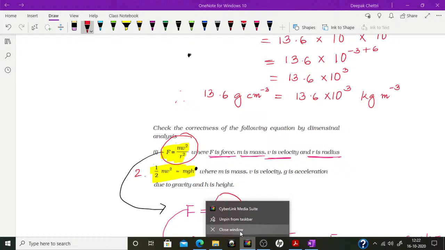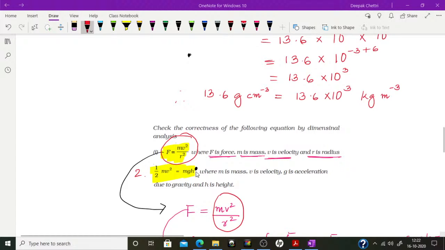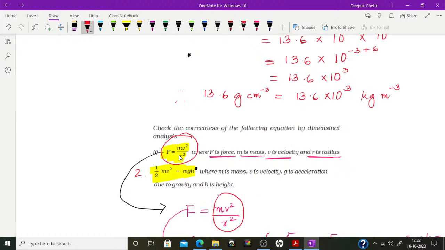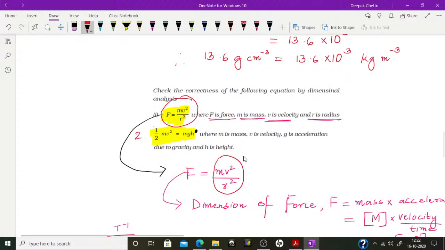If they had given us r, which is the exact formula, then it would have been correct. It's incorrect because there is an r square, whereas the actual formula that we have just found out is mv square by r. If they had given this, then it would have turned out to be correct.